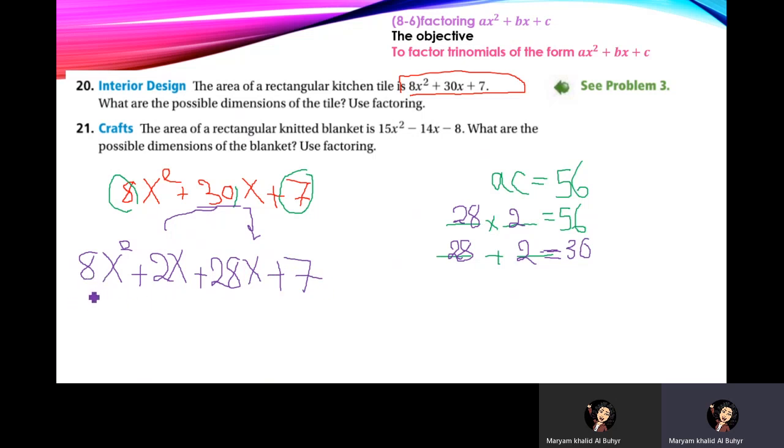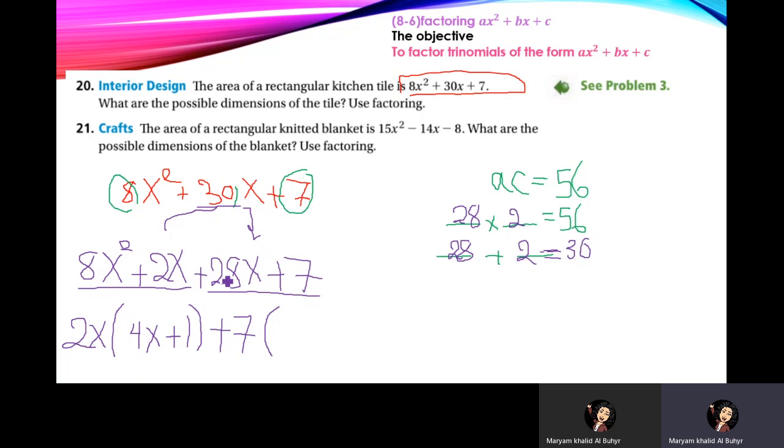Then we can take a common factor between these two. The common factor between them is 2x. The remaining inside is 4x plus 1. Then here, what is the common factor between these two? The common factor between them is 7.